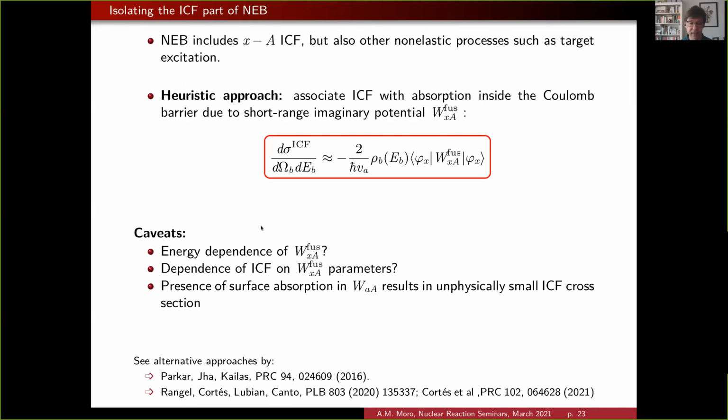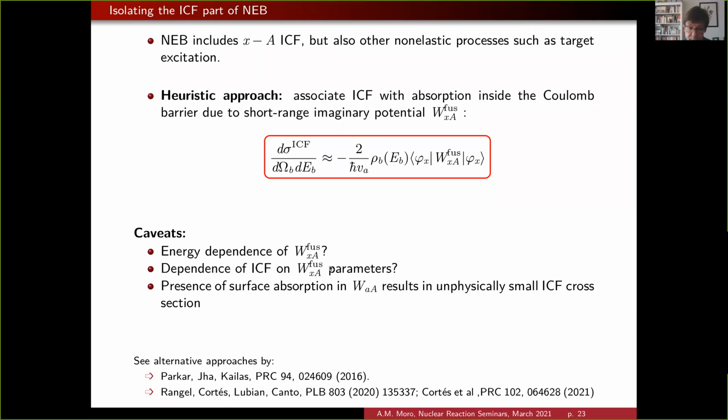Here we are aware that there are some limitations and possible considerations. First, it's not clear if this potential should be energy dependent or not. In principle, it should, because as I have shown before, the potential between X and A should naturally lead to an energy dependence consistent with the dispersion relation. So this potential should, for example, vanish at the threshold. Also, for this prescription to be meaningful, the calculated cross-section should be independent of the parameters of this potential.